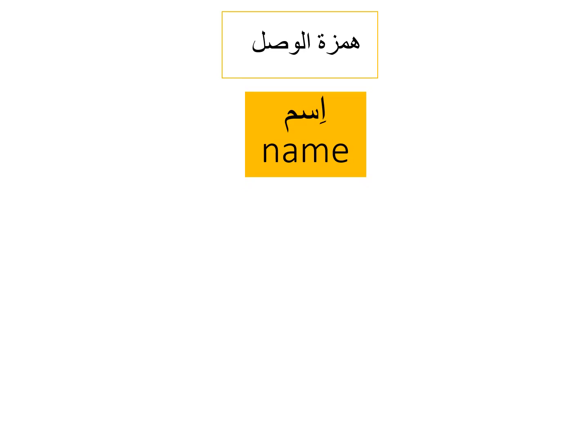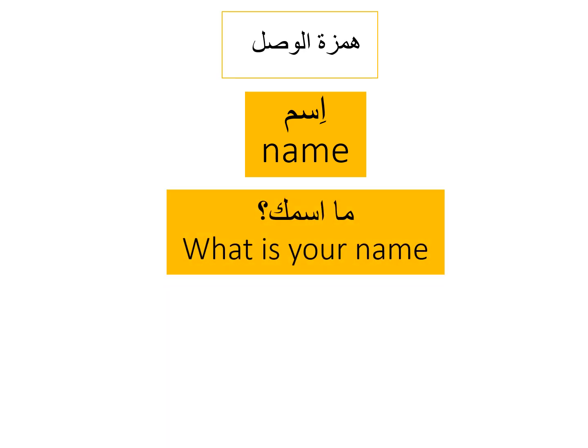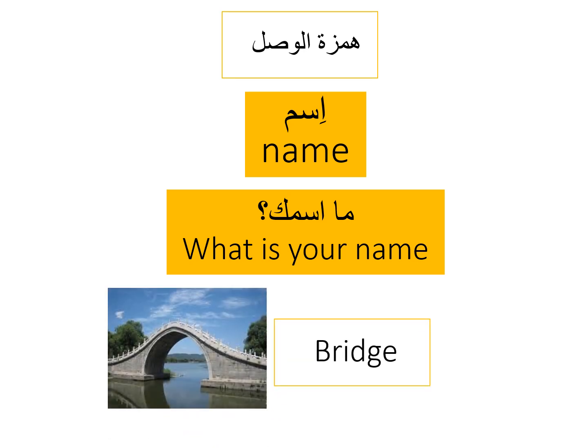This is what I was talking about. There's another way you can distinguish between Hamzat al-Qati' and Hamzat al-Wasl. If you use it in a question or in a sentence, like ism, masmak. You see, I can say it without writing Hamza, without pronouncing Hamza. Masmak. So here we call it Hamzat Wasl because it works like a bridge between these two words.